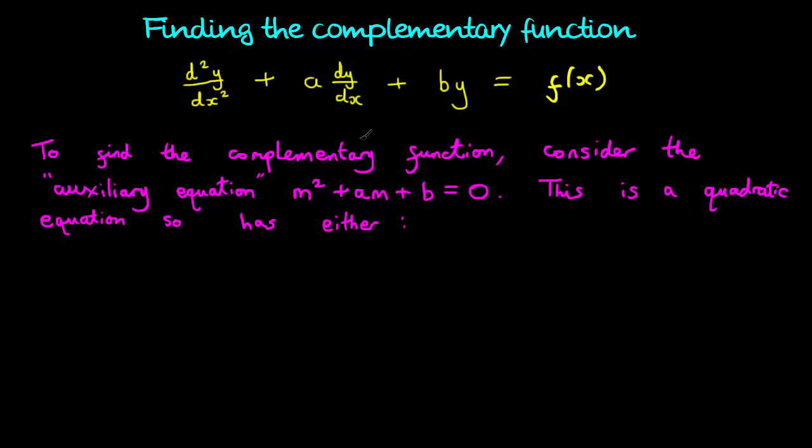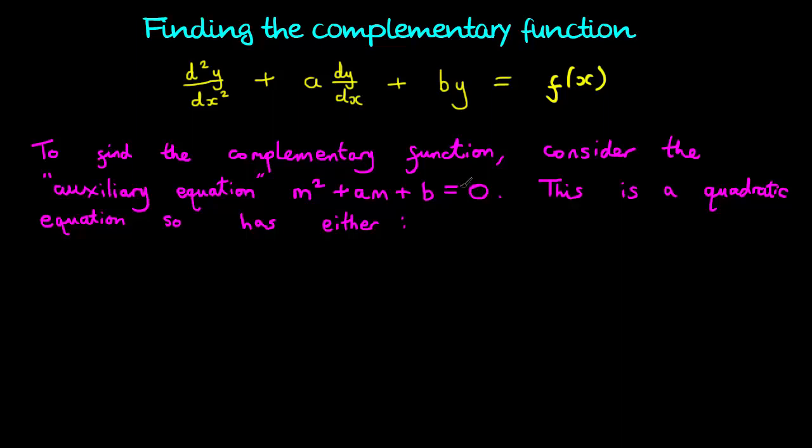We replace first derivatives with m, so that's a times m. The term in y without derivative, we replace y with just 1, so this is b times 1, which gives us this b here.